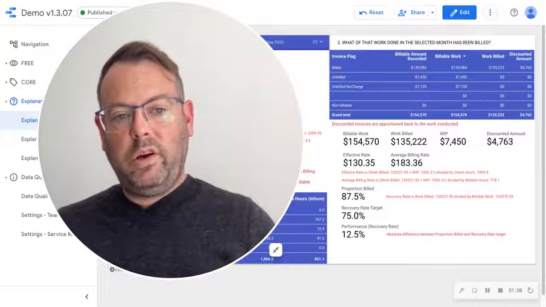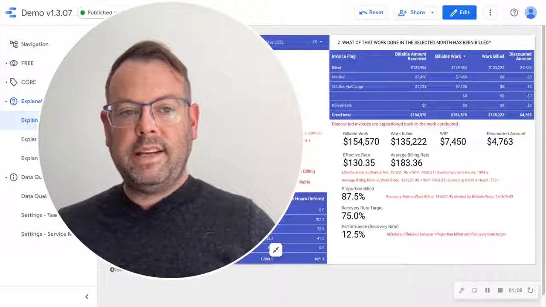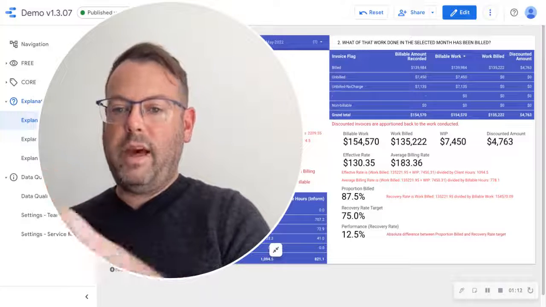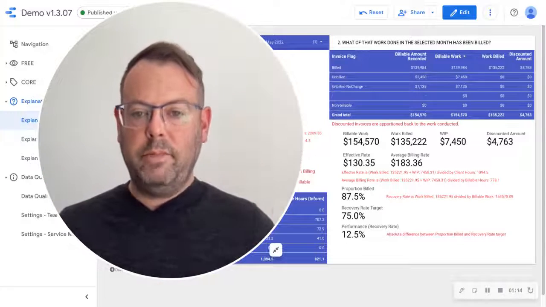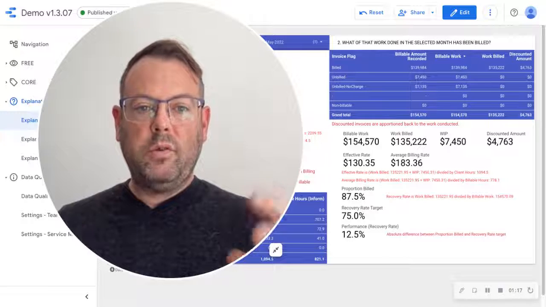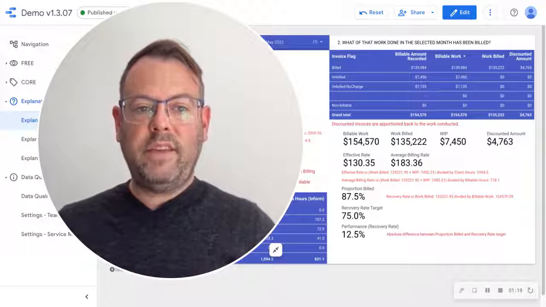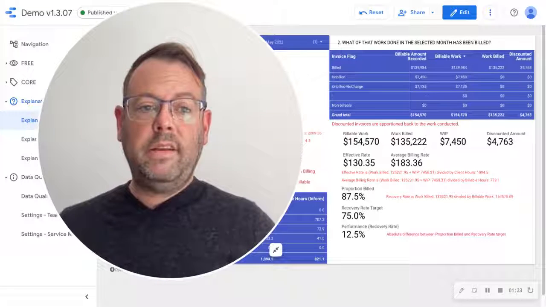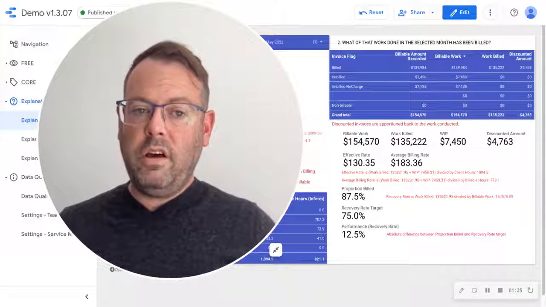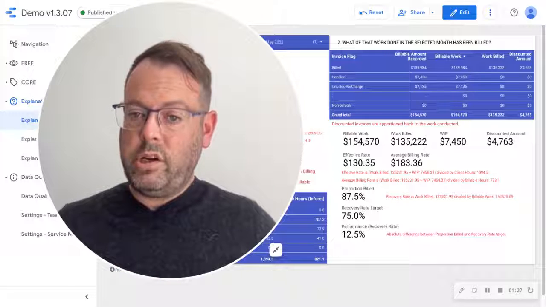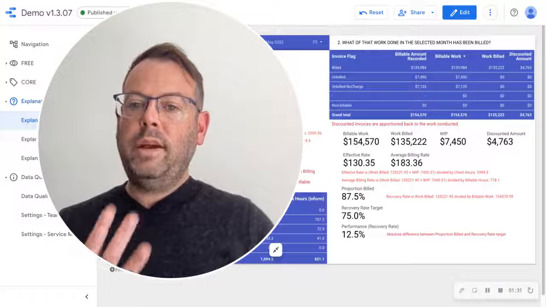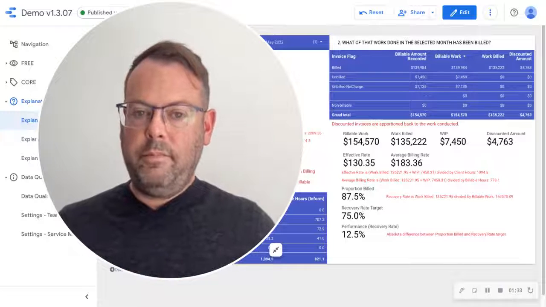What we do as well then is we say that we want to understand what of that billable work has been billed. And so what we can see there is we've got 7,450, which is unbilled, and 7,135, which is unbilled no charge. So one of those, that no charge one, we've made a decision we are not billing that amount.